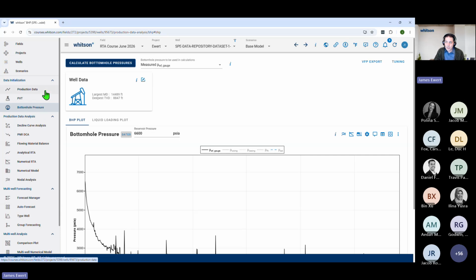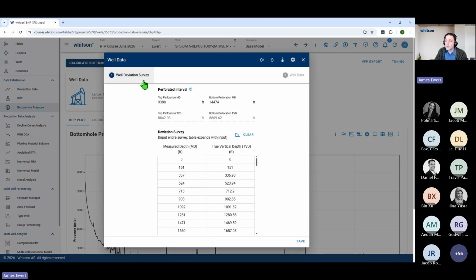Now, there's a lot of different ways to set up your wellbore configuration. We accept a lot of different configurations through time. Let's look at that right now. Here where it says well data, this is another tile. Let's click on this box at the top right. When we do this, we're open with an initial screen, and what this initial screen is showing you is where the perforations are for the lateral, but it also has the information on the deviation survey.